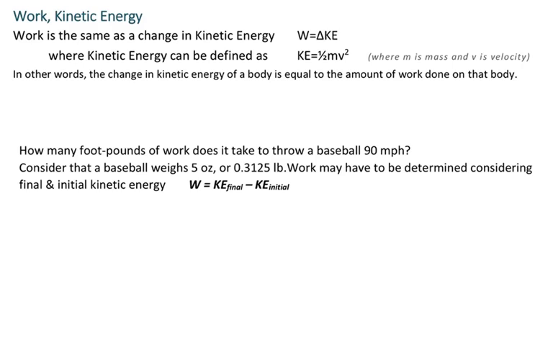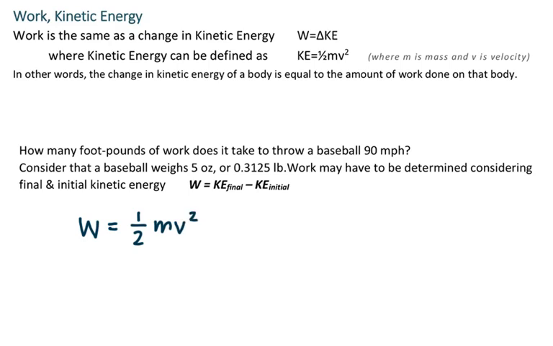How many foot-pounds of work does it take to throw a baseball 90 miles per hour, considering that the baseball weighs 5 ounces or 0.3125 pounds? Well, we just defined that work is 1/2 mass times the velocity squared.